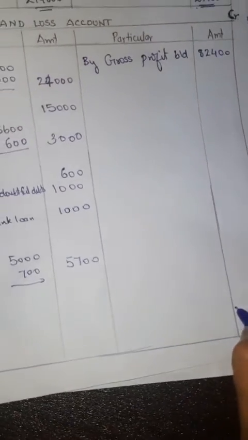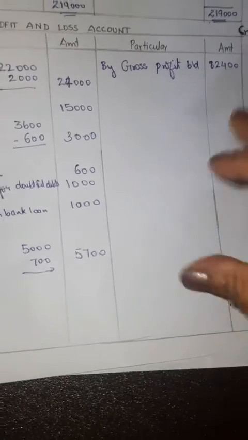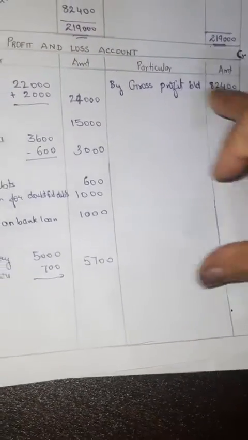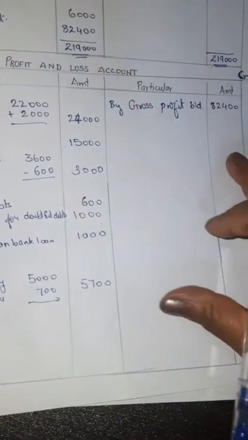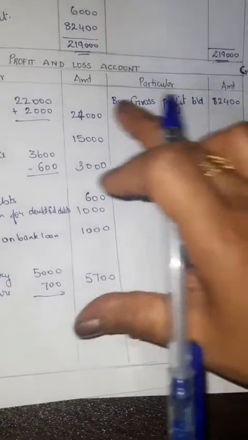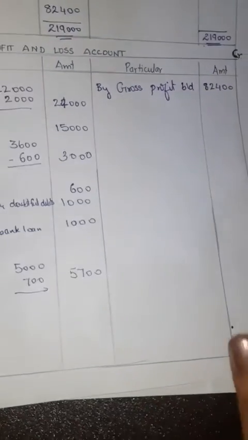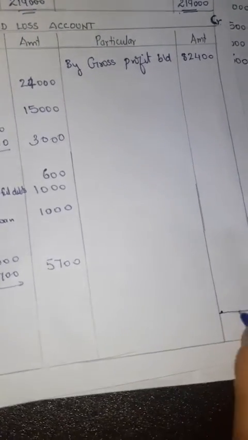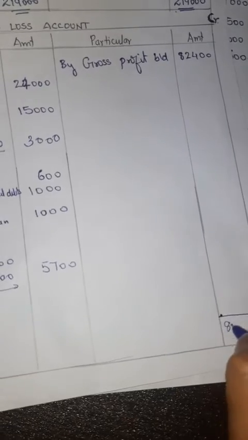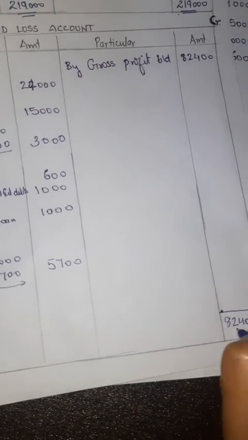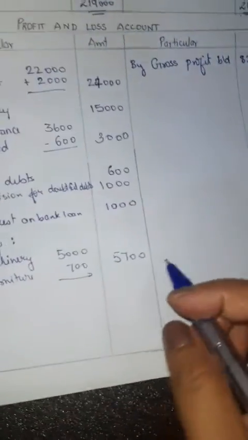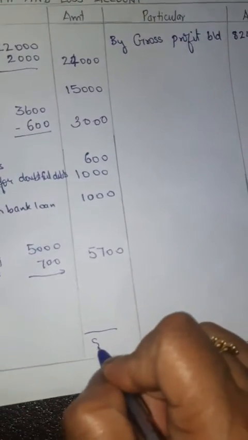If you calculate your credit side and debit side, the credit side is 82,400, and if you make the total of your debit side, it will be short. After making the total of this side, I come to know that it is short.